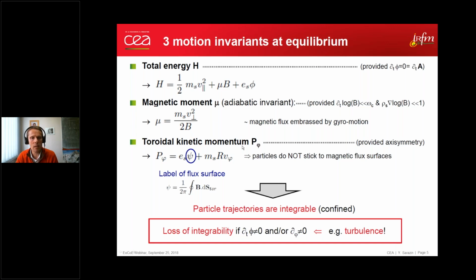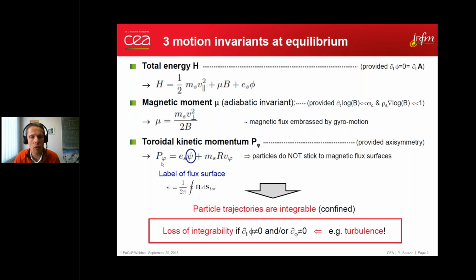And the third invariant is due to the axisymmetry of the problem, which is the fact that the system does not depend on the toroidal angle, and then you can show that the toroidal kinetic momentum P_phi is a motion invariant as well.